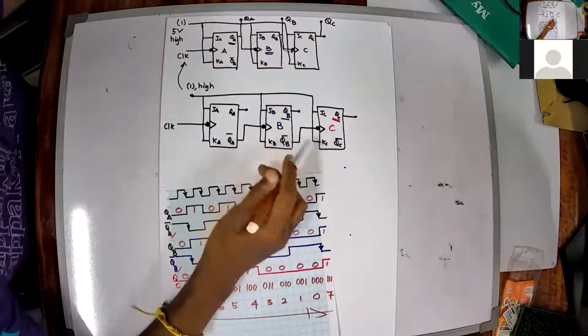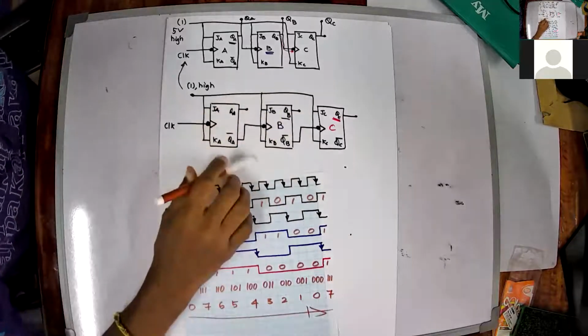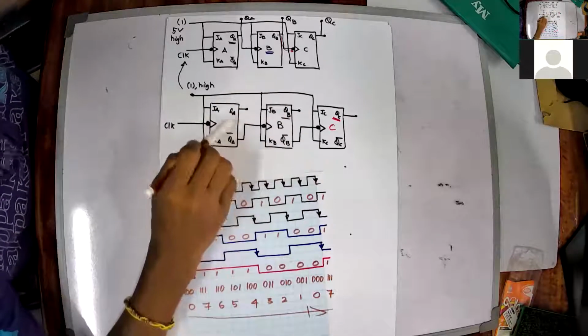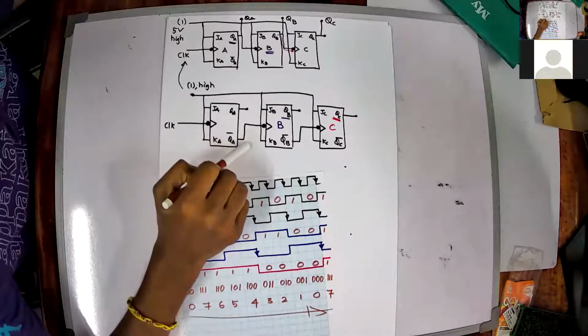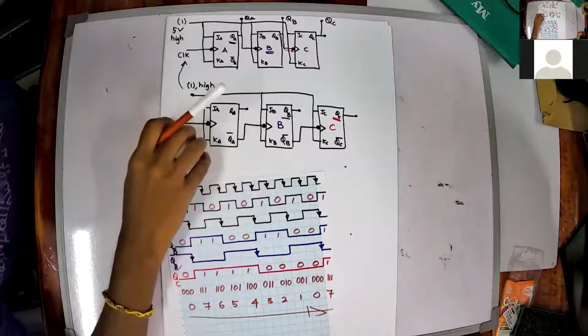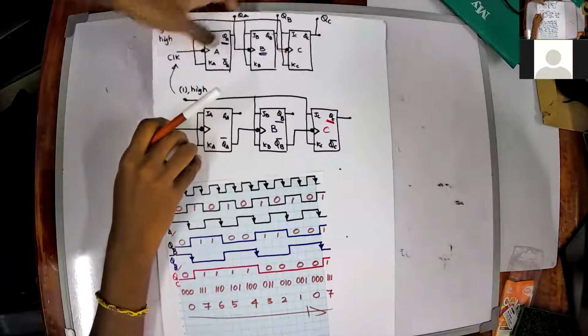So we need a circuit in the middle which has to switch QA and QA bar based on the operation you need. We have seen multiplexers, which is a simple circuit.